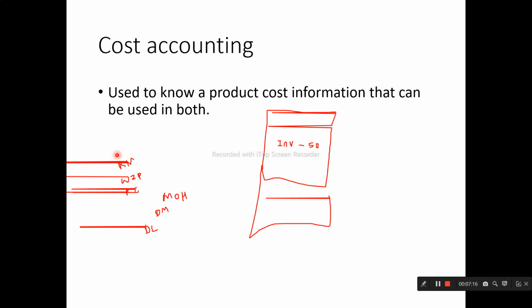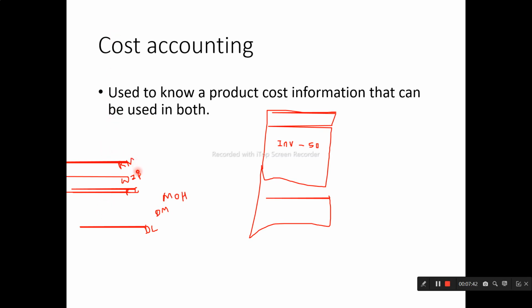Cost accounting tries to know a product cost using different techniques. For example, let's say this inventory is produced in our factory rather than bought from outside, or our company is a manufacturing company.